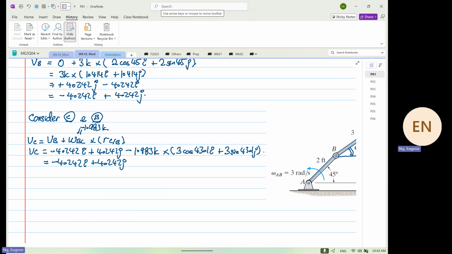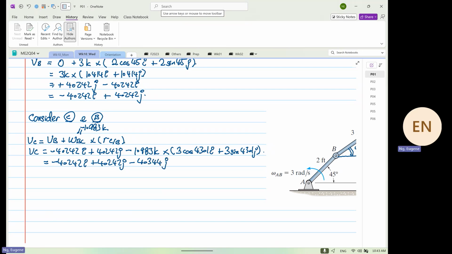K cross I is positive, and we have a negative down here, so this will be minus 1.983 times 3 times cos 43.1, which is 4.344.